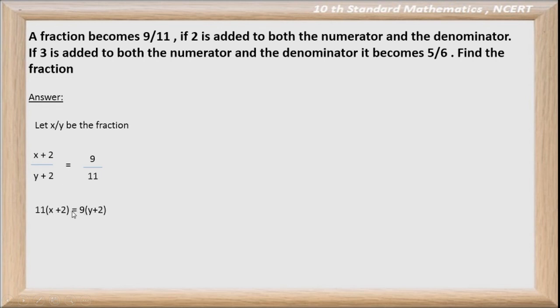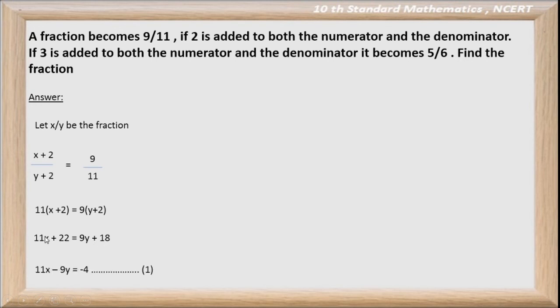Now we can multiply and write that 11 into x plus 2 equal 9 into y plus 2. Now 11x plus 11 into 2 is 22 equal 9y plus 9 into 2 is 18.